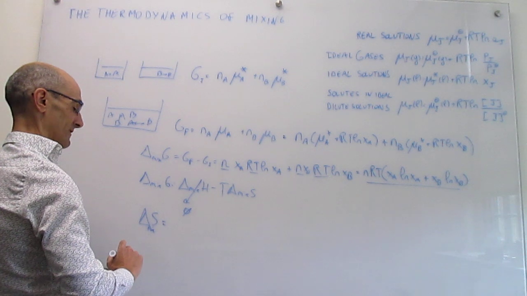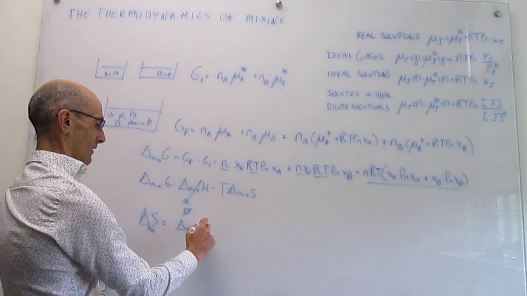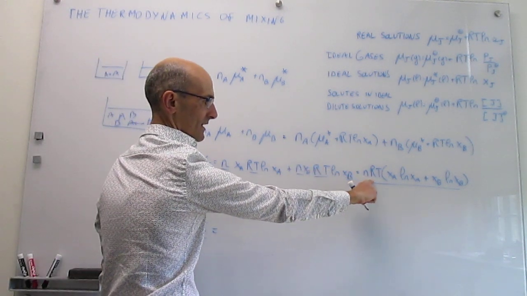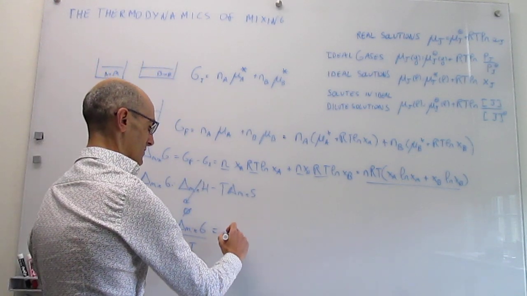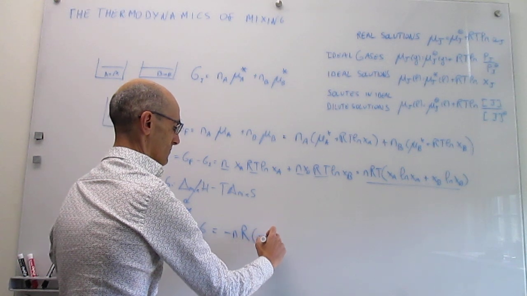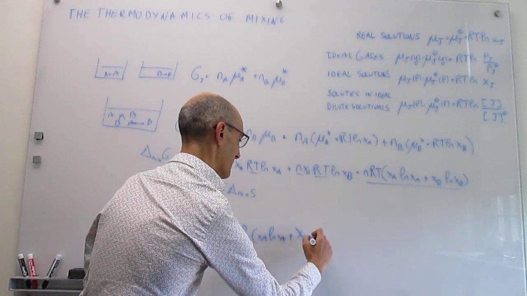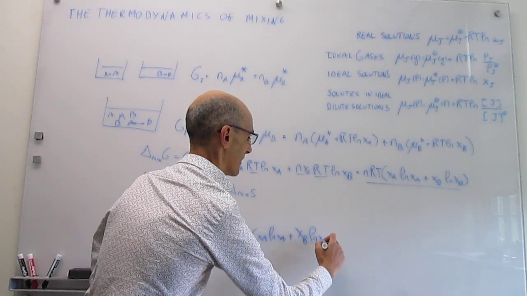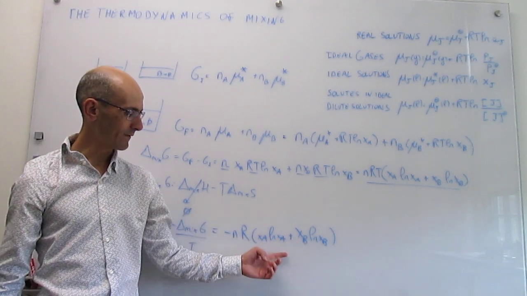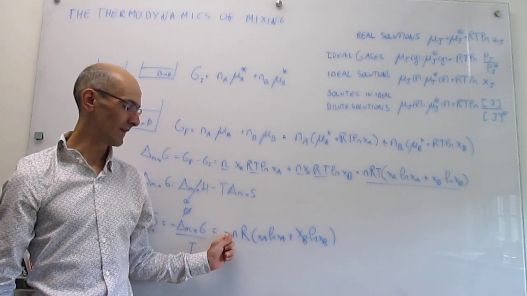The change in entropy of mixing is simply the Gibbs energy of mixing divided by the temperature with a different sign, which is going to be this expression divided by minus T, which is going to be minus nR, and then x_A natural log of x_A, plus x_B natural log of x_B. Right? And this is always going to be positive because the parentheses will always be negative, but then you have a negative sign here indicating that this is positive.